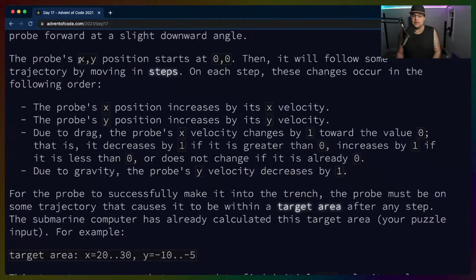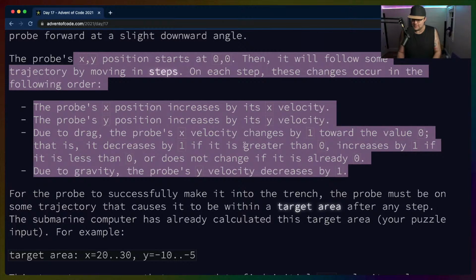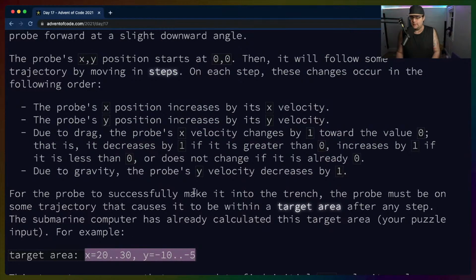And I think what I'm going to start with is just writing this step function so that I have it in my head. We have a target area that we need to fit into. I think we don't have a fixed number of steps, do we?